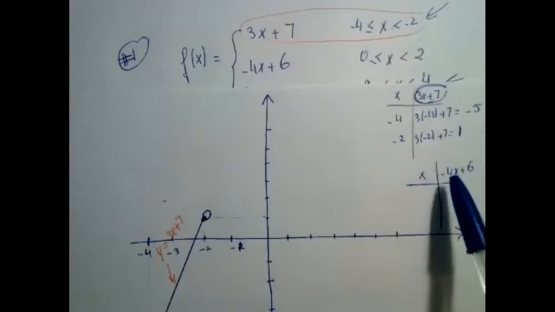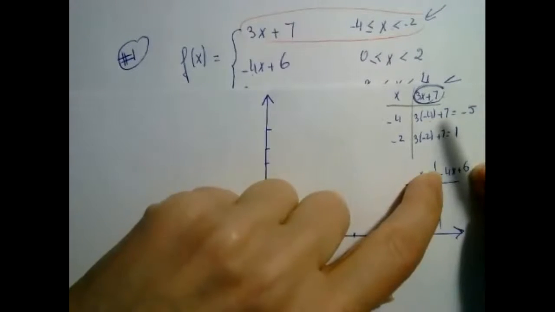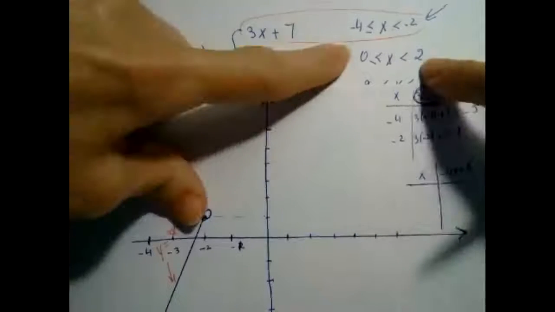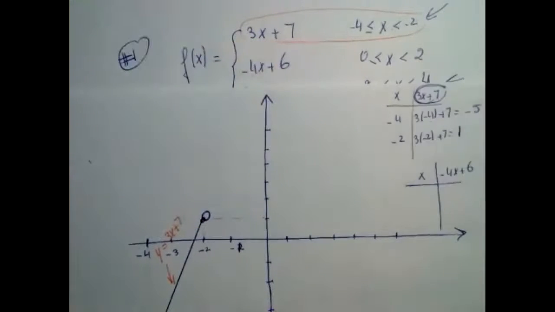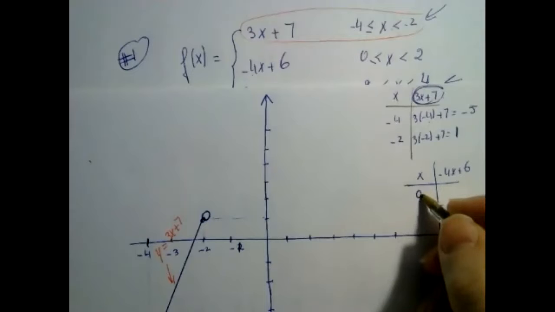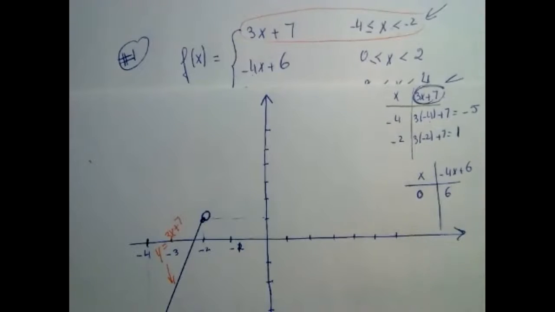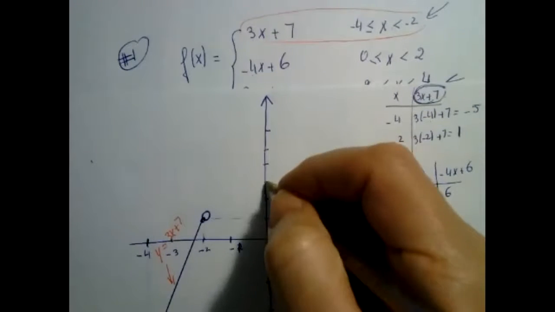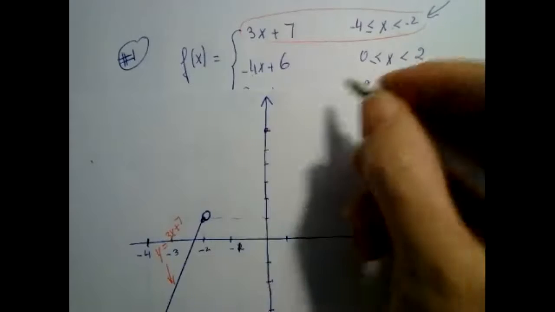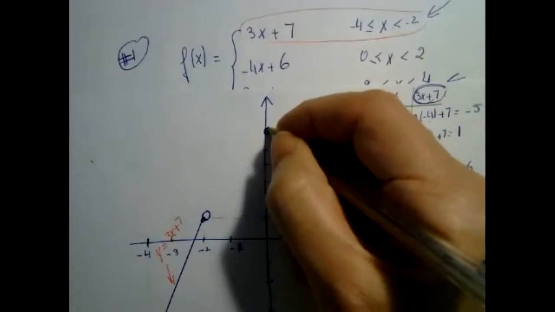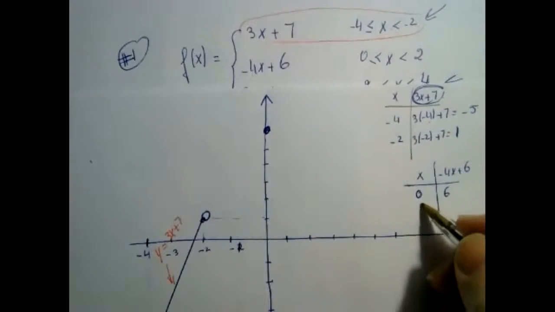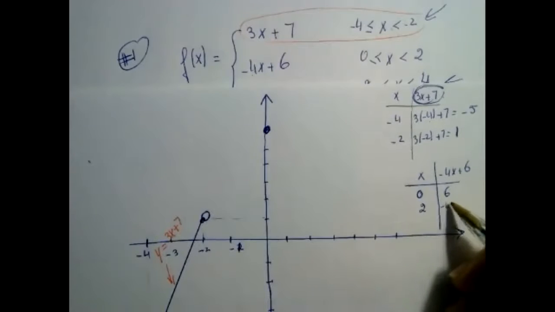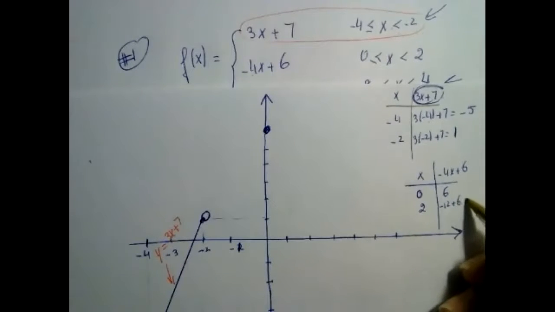Now, part 2. The points that are important for me because I need to graph this line, but I want to restrict it between 0 and 2. So I'm going to take 0. This gives me a 6. So 1, 2, 3, 4, 5, 6. That's closed. Now at 2, I have -12 plus 6.